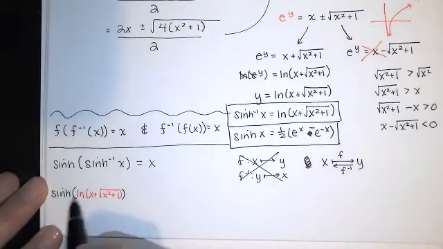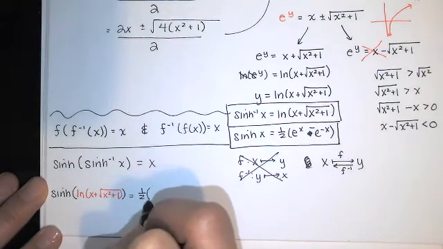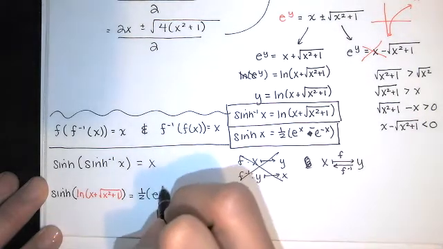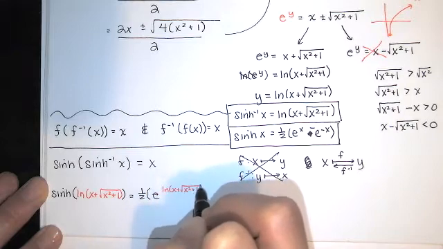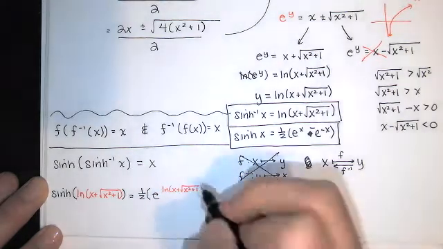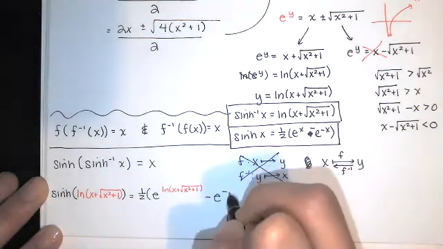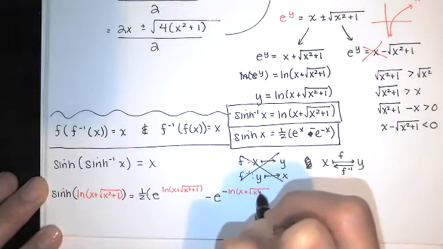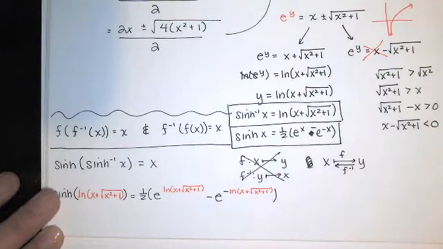So we have the hyperbolic sine of this, that's 1/2 of e to that power minus e to the opposite of that power. We get this over here.